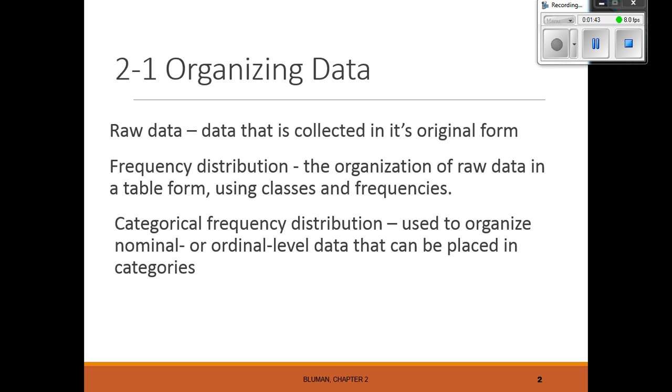Remember, nominal are things like traits, like eye color, hair color, male, female, things of that nature. Ordinal level is where you have, it's also usually words. Small, medium, large are used to describe them, but you don't have that same distance between two levels.